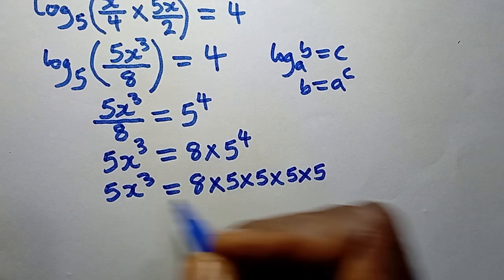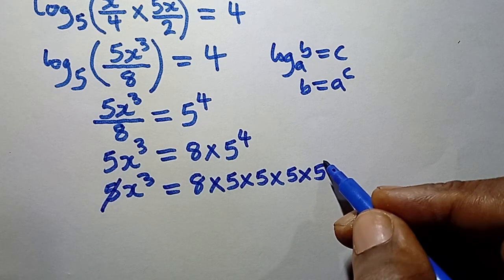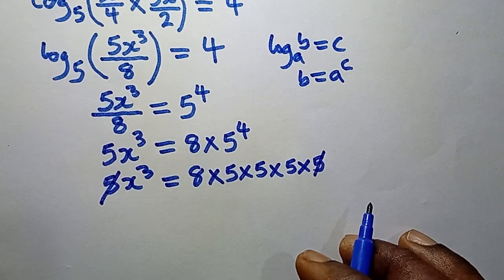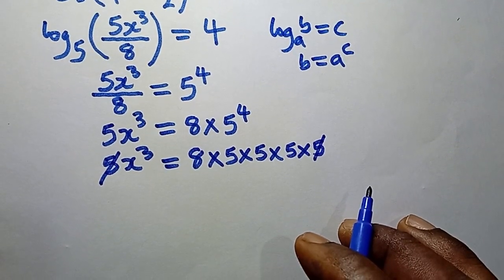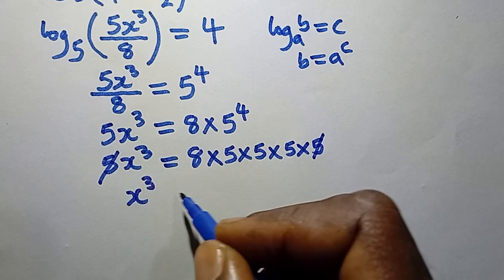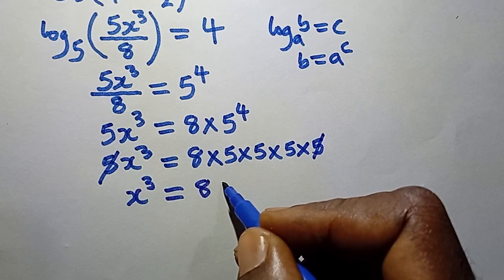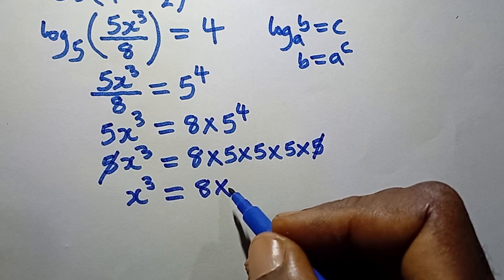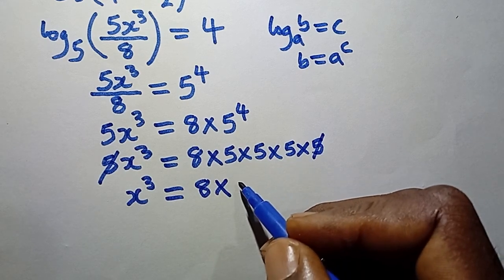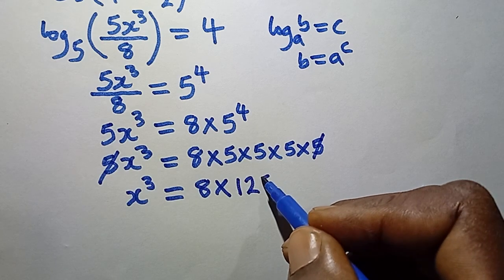So if we divide both sides by 5, this 5 will cancel and one of the 5s here will cancel when we divide both sides by 5. So with that, we are left with x cubed is equal to 8 multiplied by 5 times 5 times 5, which will give us 125.